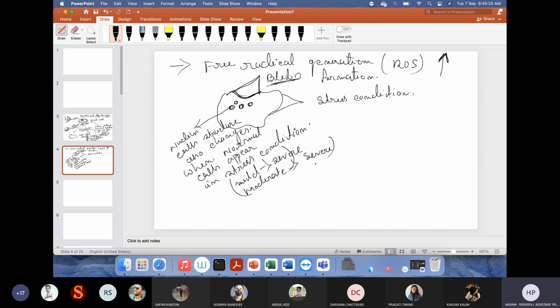Okay, and other organelles like Golgi body, endoplasmic reticulum, all organelles are present.